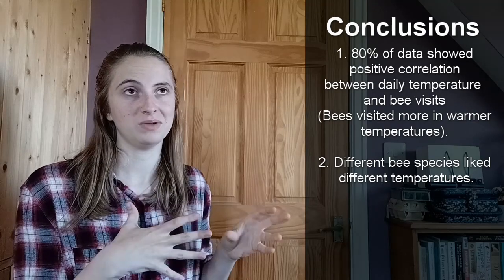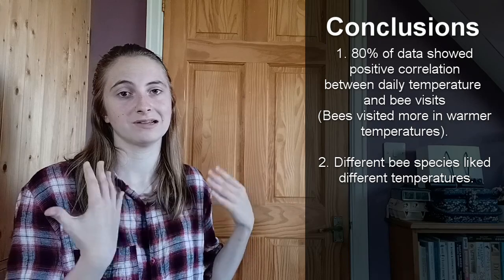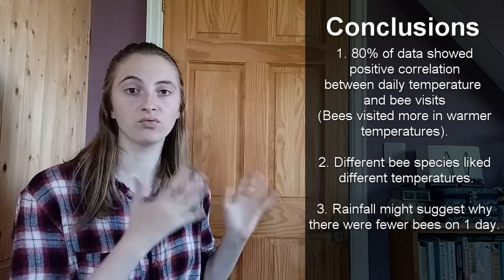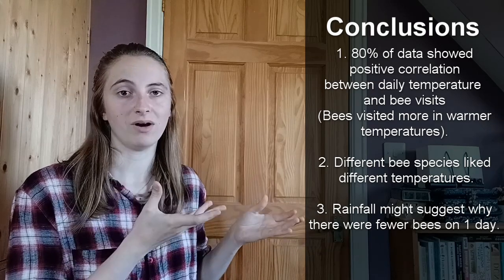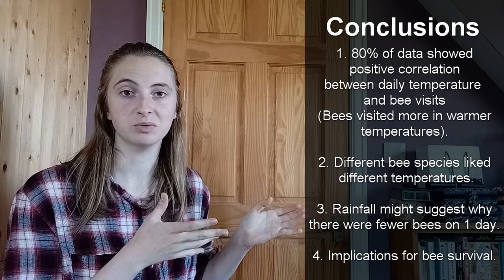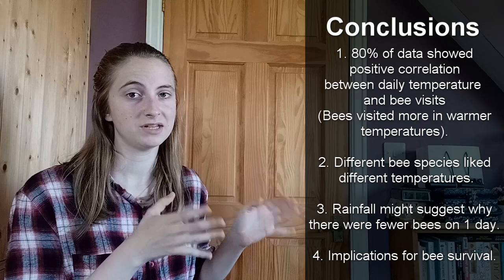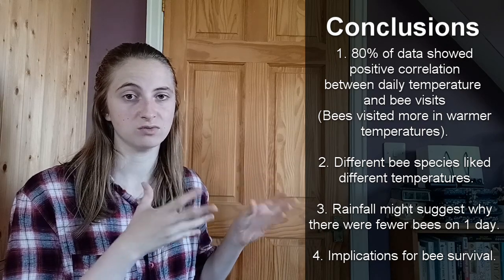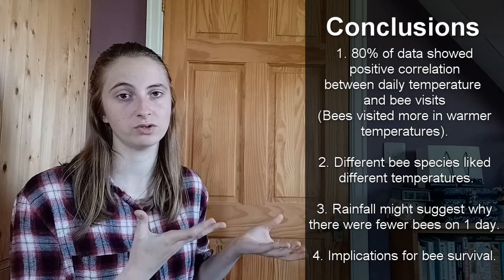So bumblebees generally came out at colder temperatures, and honeybees came out later on in the day when it was slightly warmer. Rainfall could be an explanation for why there were a reduced number of bee visits on a particular day, and there are possible survival implications for adaptation, for species resilience against issues like global climate change in future.